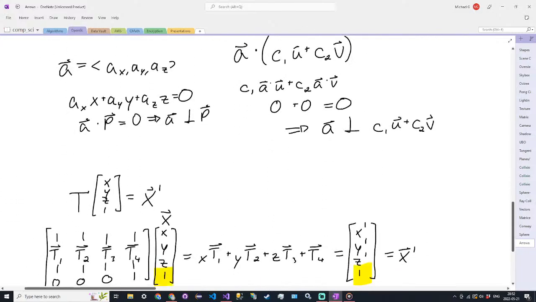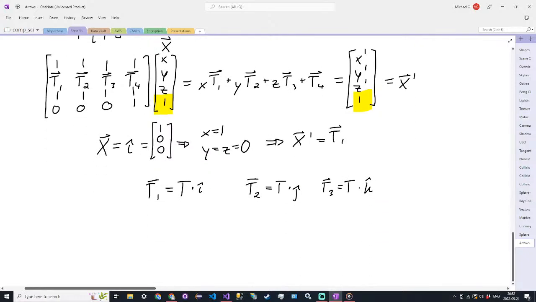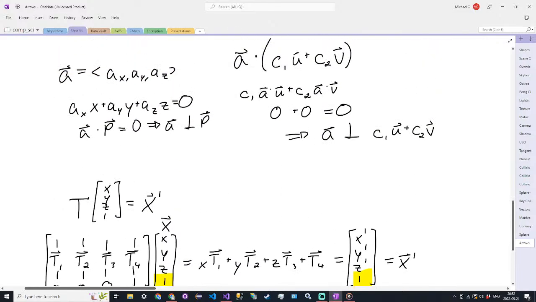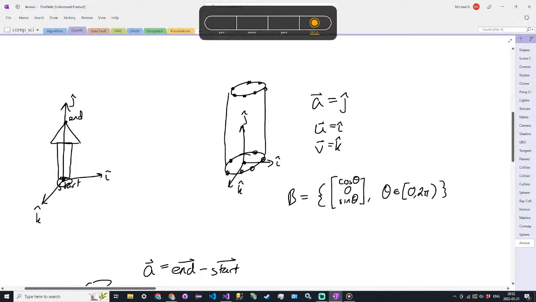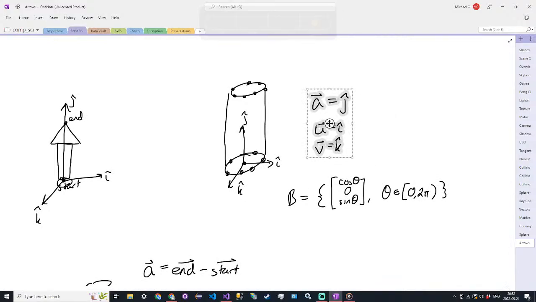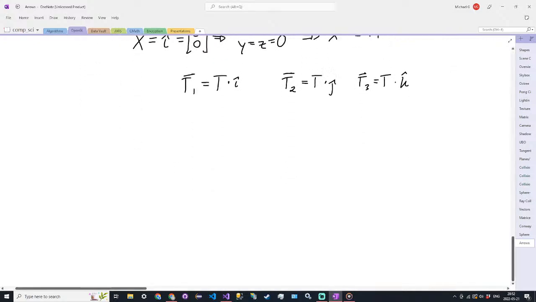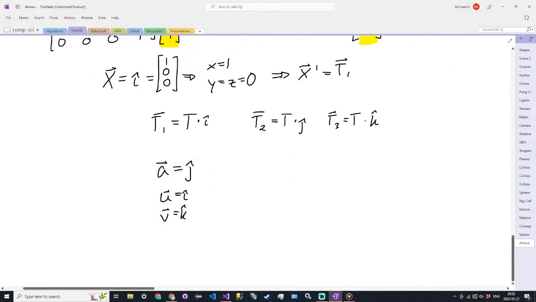Now, knowing that we can construct a transformation matrix by knowing where each of these vectors go, let's just apply this, let's look at this definition here. So in our basic case, we have this. But in our more complex case, the arm vector is going to be some transformation of the j hat vector, because once again we want to start with the basic arrow and define the coordinates there and then transform it using a matrix.